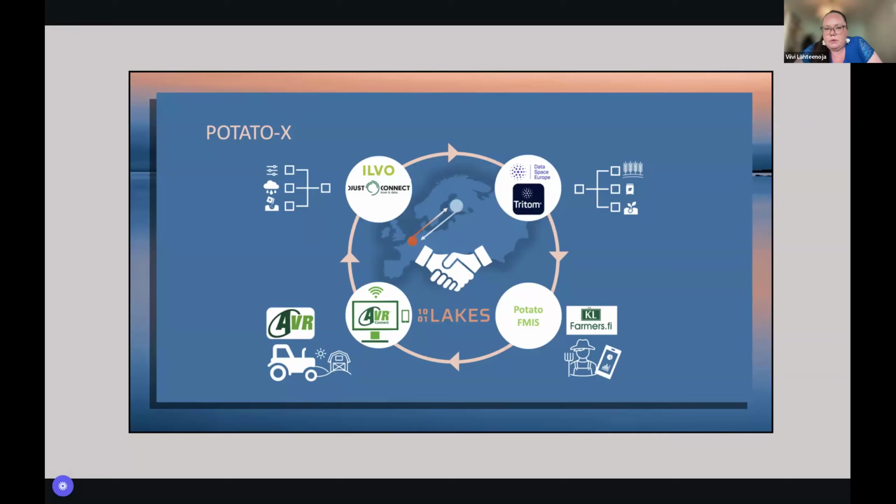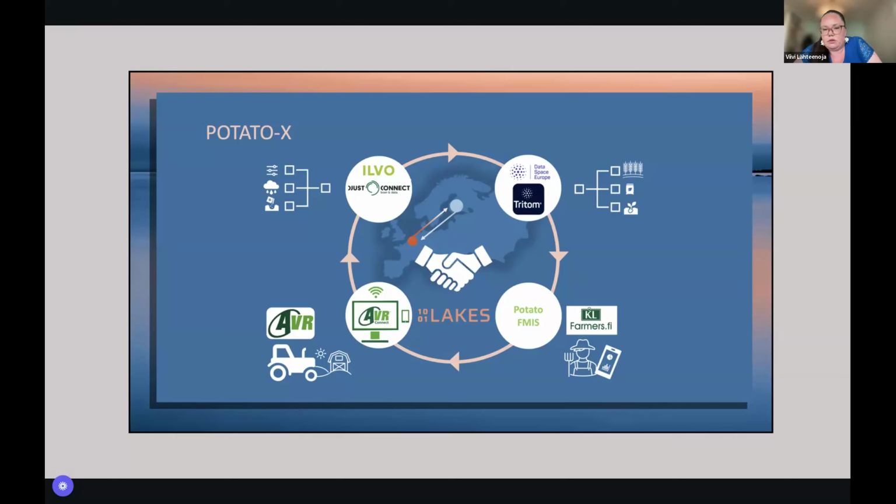So what we wanted to explore was how we can bridge and connect and support the interoperability between the two intermediary services at the top, Just Connect and Tritom, so that Peter's farming data can come from AVR Connect straight into his farm management information system.